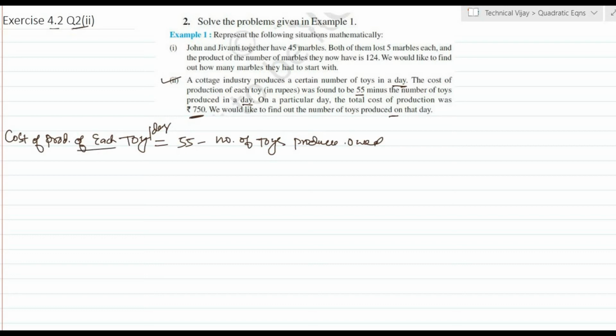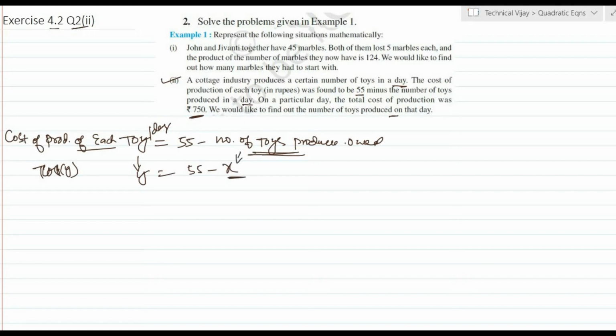Let us assume the cost of production, that is cost, is equal to y. So that we will substitute as y. So here 55 minus the number of toys produced, that we will assume as x.